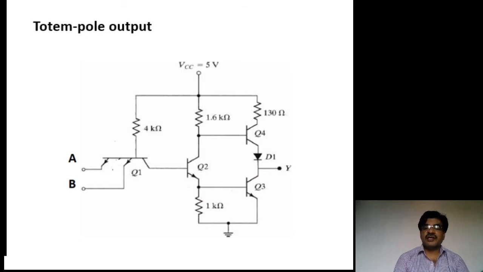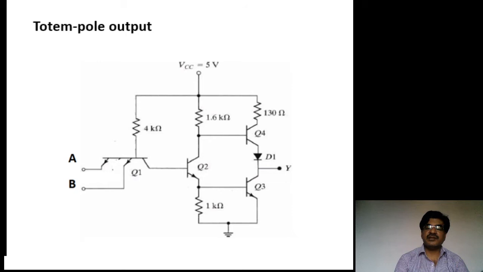To switch on transistor Q4, first of all let us see how much base voltage we require. That is, VB of transistor Q4, 0.6 volts, plus this diode drop. That is around 1.2 volts base voltage it needs to switch on transistor Q4. Suppose we assume Q3 is on.